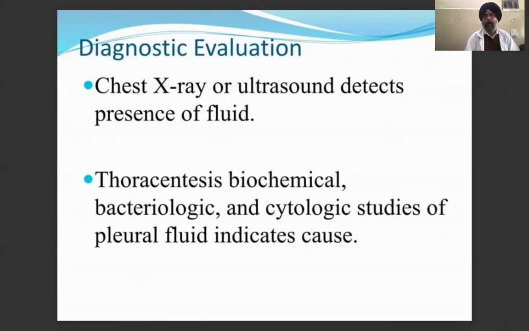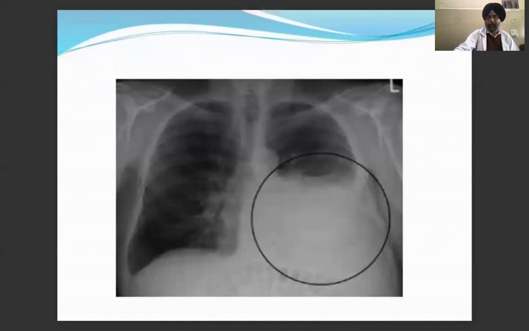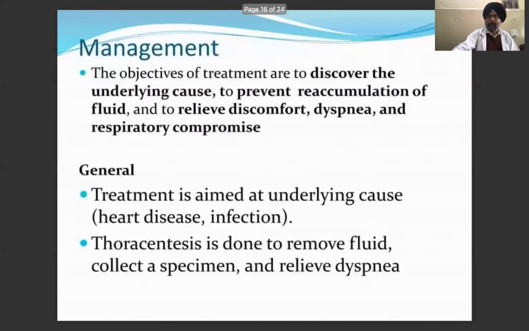We can even do an ultrasound guided thoracocentesis. But according to new rules, you should always mark the site for tapping of the pleural effusion because it comes under litigation. Then we already told you that you have to do cytological, biochemical and bacteriological studies. On X-ray, the CP angles are blunt. It is shown in this figure.